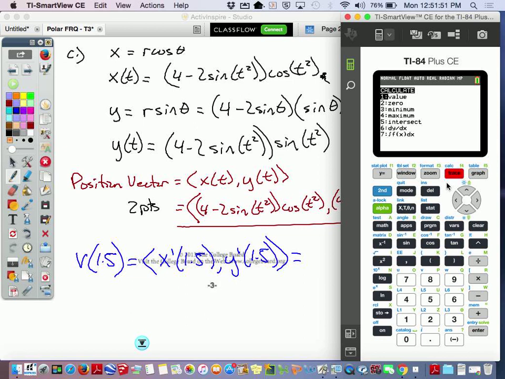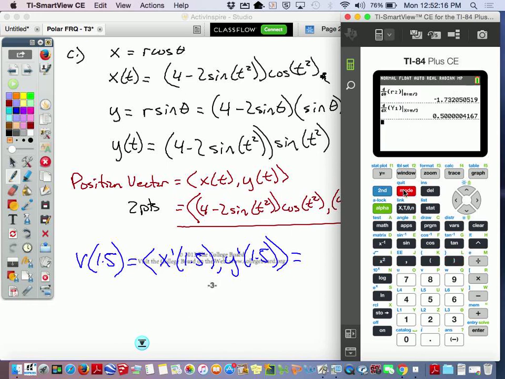So I'm going to go back to my calculator and y equals. I'm going to leave my y sub 1 because that's my x of t. And now I'm going to put y of t in for y sub 2. So we got 4 minus 2 sine of x squared times sine of x squared.